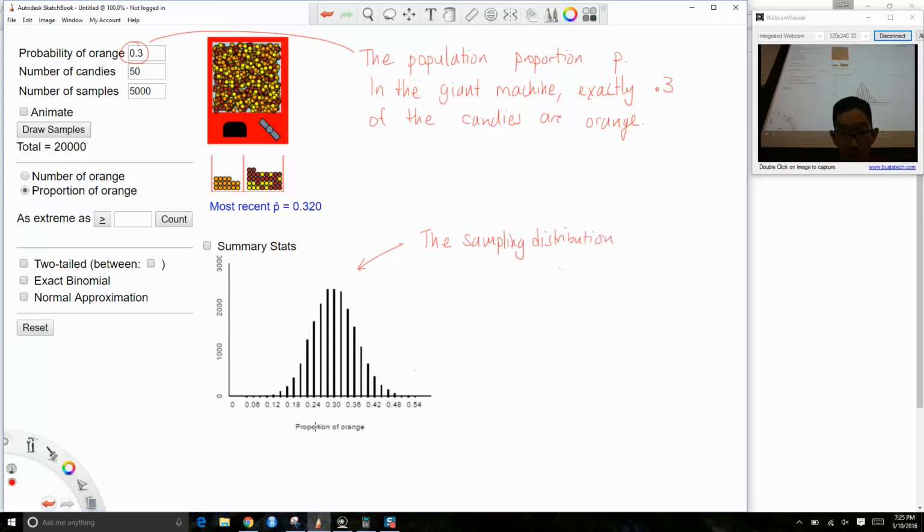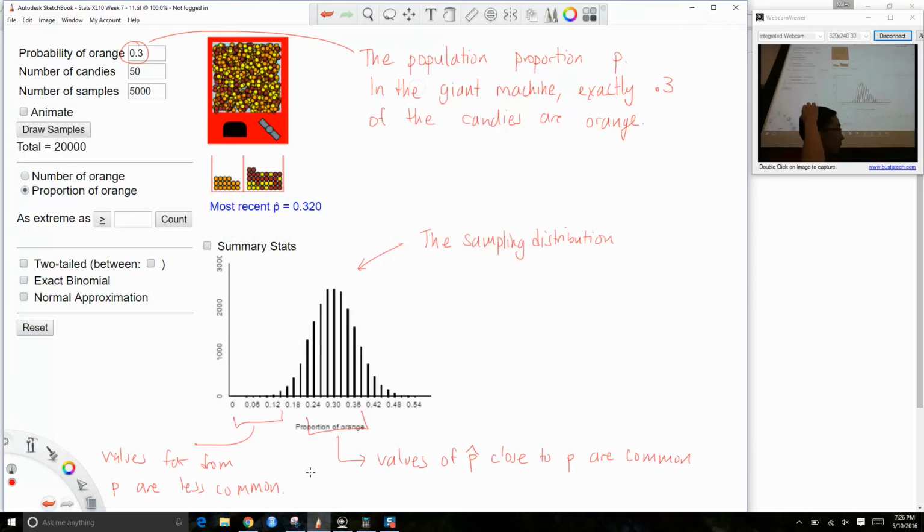What we see is values of p hat close to p are common. Values far from p are less common.